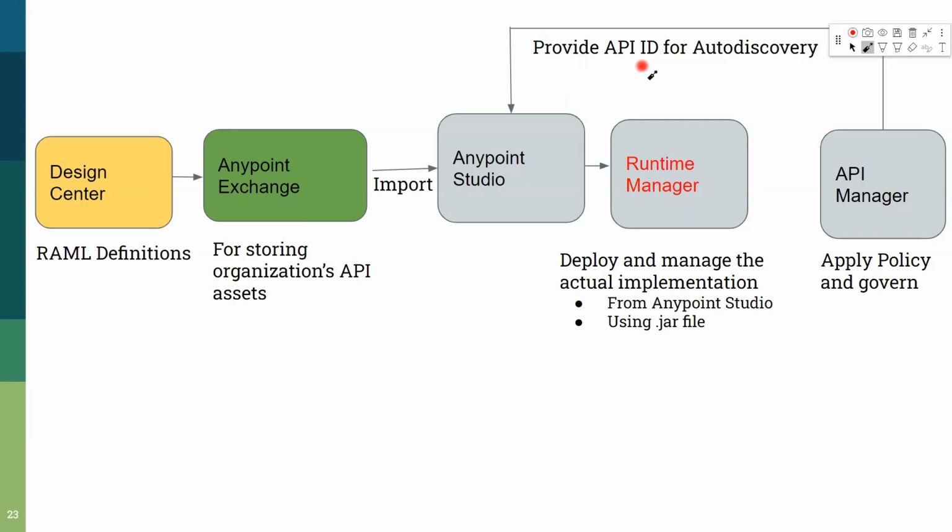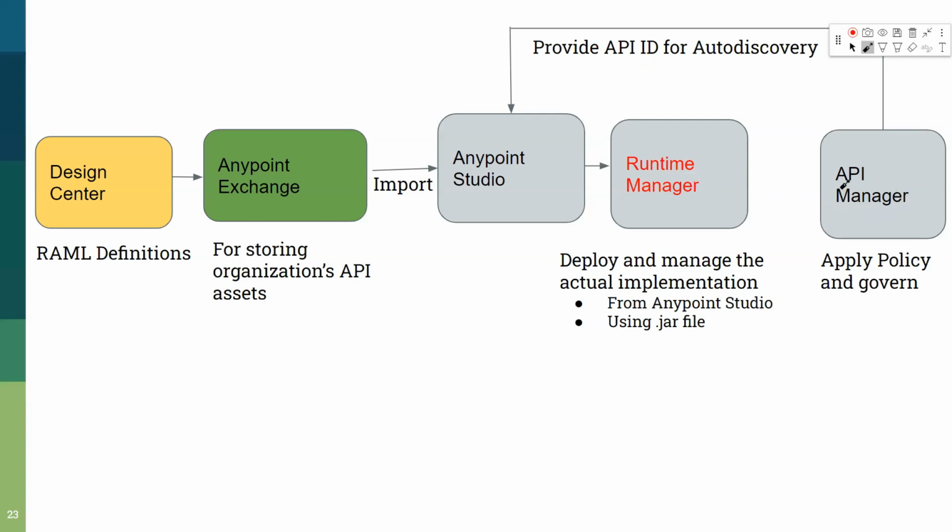Then you take the API ID from API Manager and add it to Anypoint Studio with auto discovery. Also add the client ID and the client secret of the environment that you are pushing your application to. Now, if you add any policies in your API Manager, Runtime Manager and API Manager can communicate, and Runtime Manager checks what policies have been applied for the API with this ID.